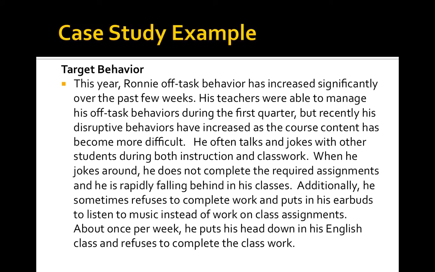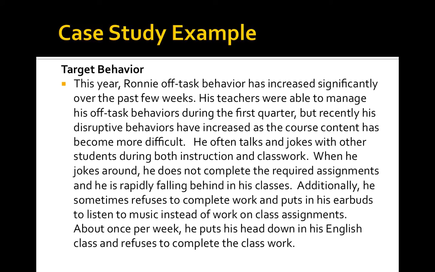So if Ronnie typically is not completing any classwork, we may want to teach him how to ask for a break or how to verbalize in a socially appropriate way first that the assignment may be too difficult for him, or that the assignment is undesirable for him, or that he needs a break and he needs to be able to go and get a drink in the hallway for a moment before working on his assignment more.